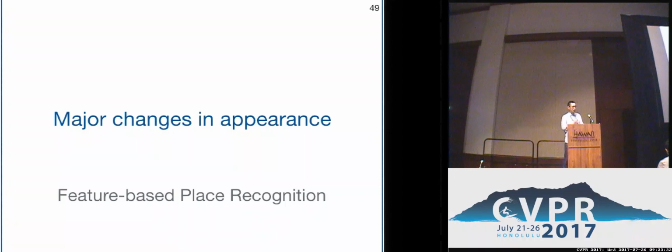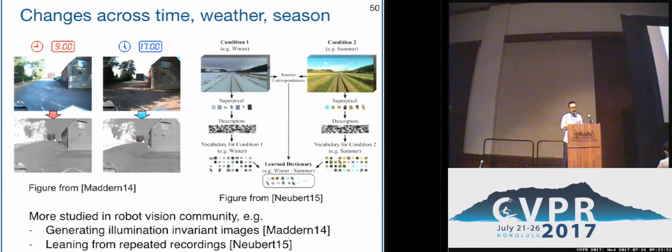Next I want to discuss how we can deal with major changes in appearance. For example, images that include large illumination changes like day and night, or seasonal changes. These problems across time and seasons are also often studied in the robot vision communities.